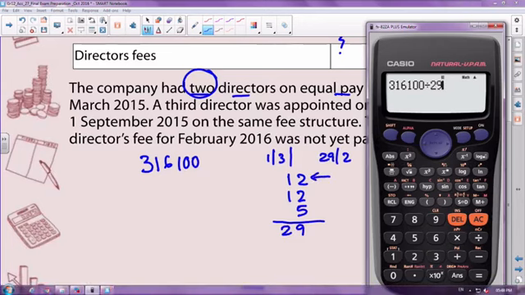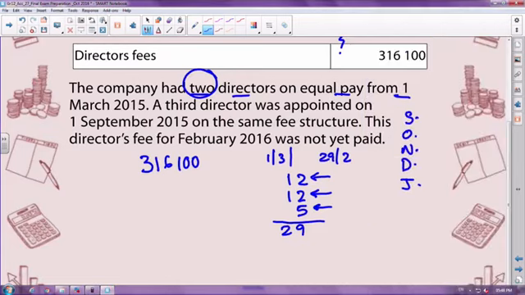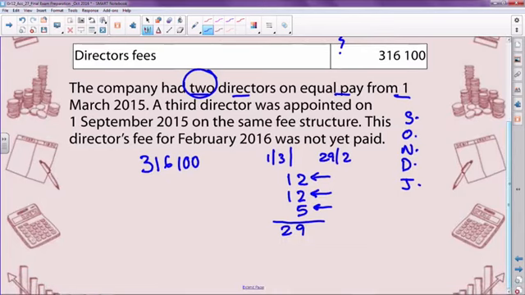The other director was also paid for the entire financial year, another 12 months. And the third director was only paid for 5 months. That means he did not receive the February amount. Therefore, 29, and this is equal to 10,900.